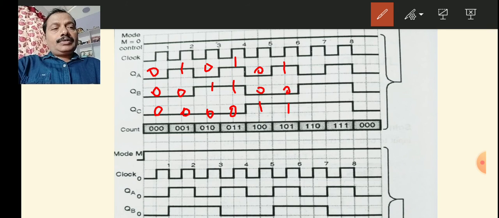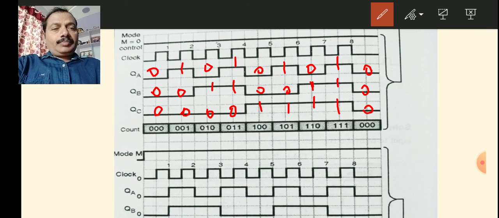Next, 0 1 1, and 1 1 0 means this is 6. Next, 1 1 1. You see, from all zeros to all ones it counted. After this, the counter returned to zeros. This is up counting.